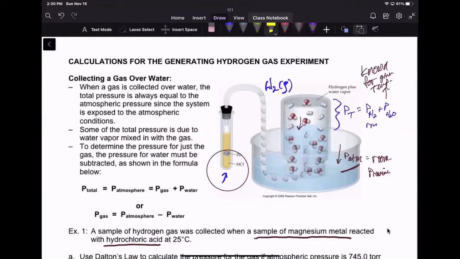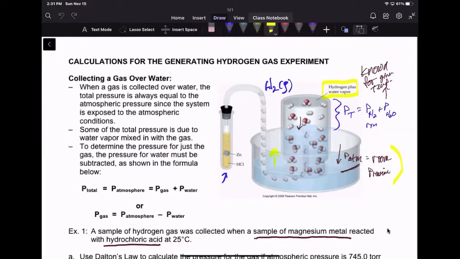So inside here, let me get my highlighter. Inside that contained volume, we have the water vapor plus the hydrogen, and they have to push down on the surface of that water as hard as the surface of the water has to push up against the atmosphere, that room pressure.